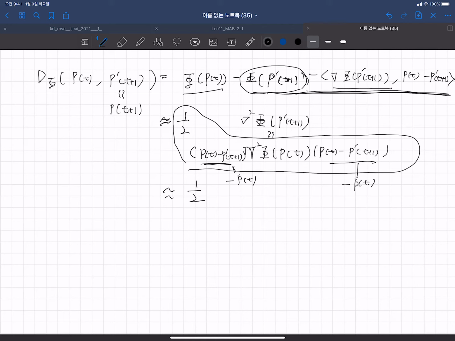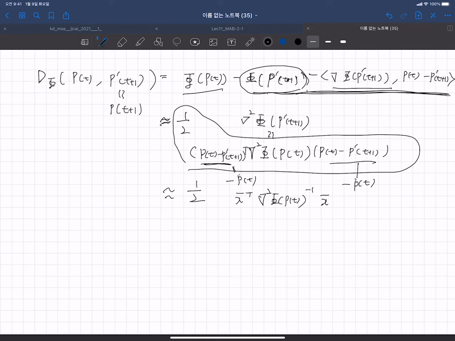This is essentially the inverse of the Hessian at time t here, and x bar transpose. Okay, so in the sense of Bregman divergence, our update length is proportional to the inverse of the Hessian matrix.